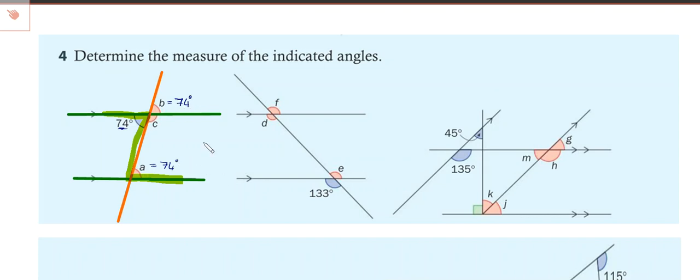Finally, I know 74 and C are supplementary. Thank you, Mia. So they add up to 180. So 180 minus 74 is 106. Okay? Done them all.